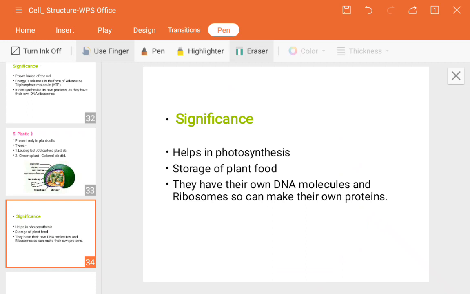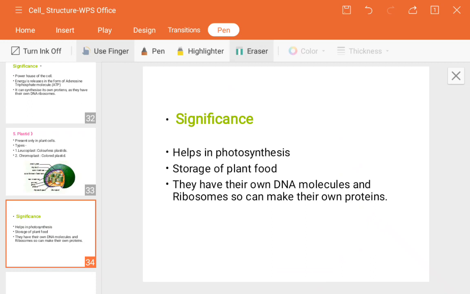Whatever sun rays strike the plant, we normally say the plant synthesizes the food material, but because of whom? Only because of the pigments, the chlorophyll present in them. These are small greenish structures, and because of them the plants look green.